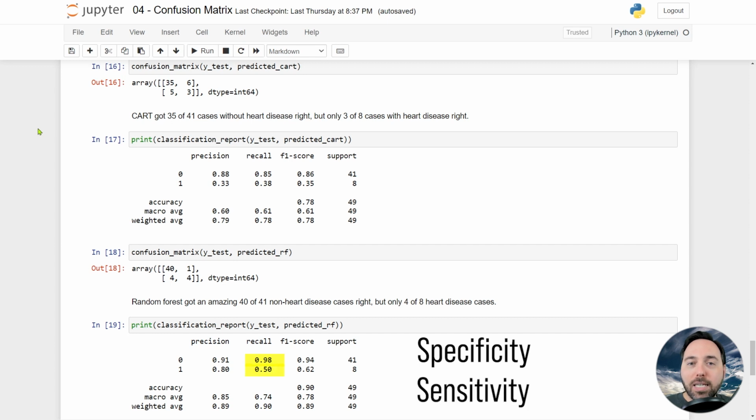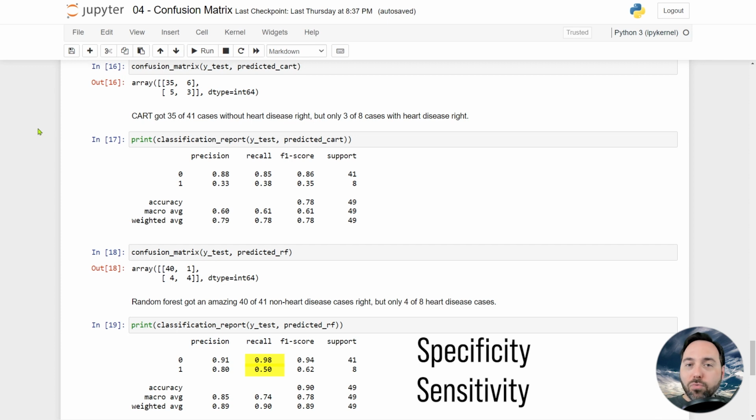Meanwhile, sensitivity is asking the question, if an event's outcome is positive, how often do we predict a positive outcome? That's the same thing as recall on the positive class. I had 8 cases of heart disease in the test data, and I was right 50% of the time, meaning my sensitivity is 50%.